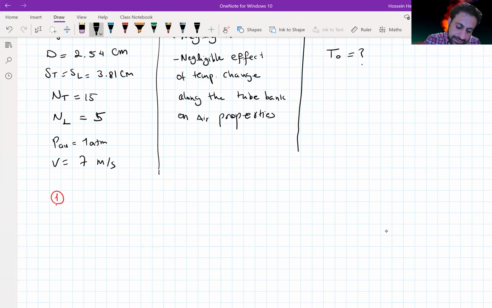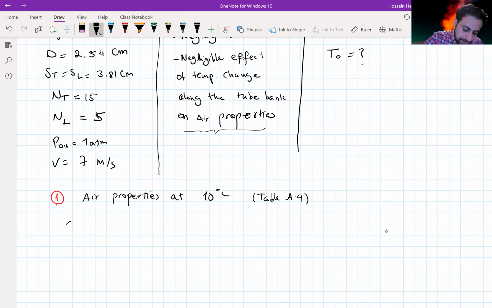However, we are making these assumptions too. So using these assumptions that the air properties do not change along the tube. So the first step, air properties at 10 degrees C from table A4, we can read the properties. Kinematic viscosity of air is 14.2 times 10 to the power minus 6 meters squared per second.